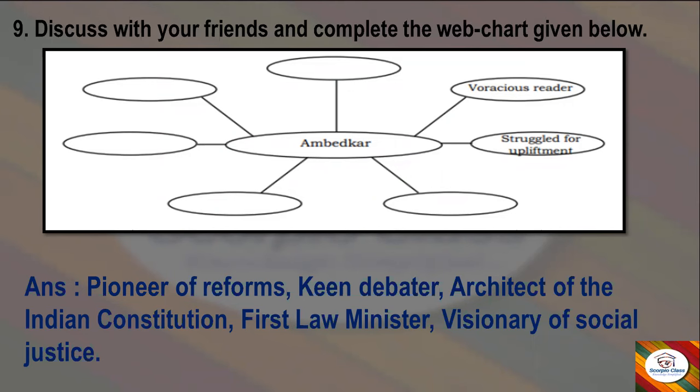Now what are the other qualities he possessed? Let us say in the answer section here, he was a pioneer of reforms, keen debater, architect of the Indian Constitution, first law minister, visionary of social justice. So you can write this in each of the webs provided over there.